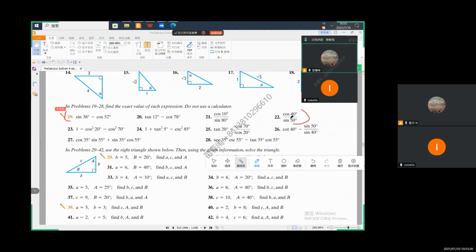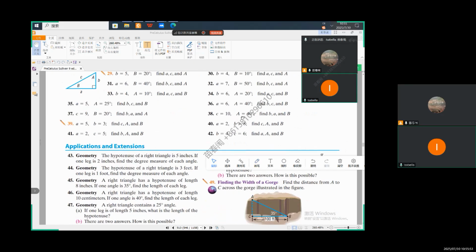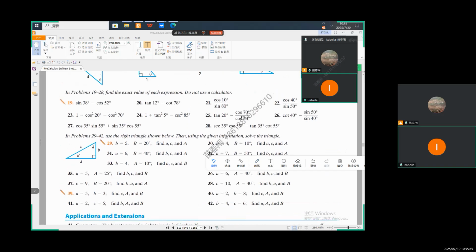And don't forget, this is not using a calculator. You're using the complementary theorem, no calculator. Do we have any other questions?